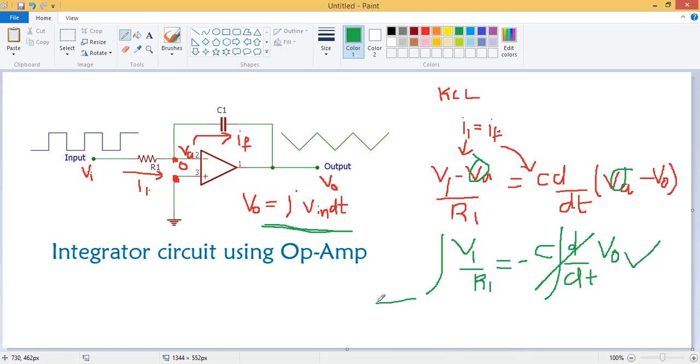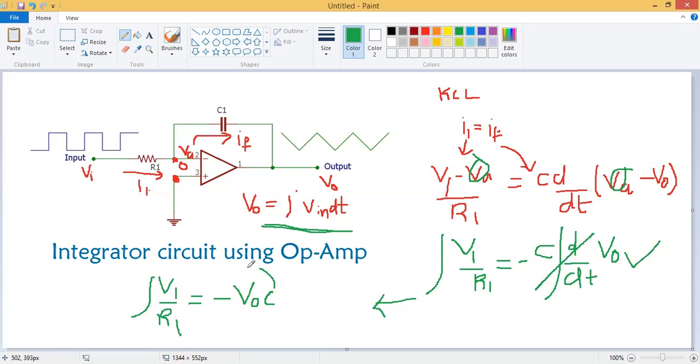So this equation can be modified as the integral of VI by R1 equals minus V naught, C into minus V naught.